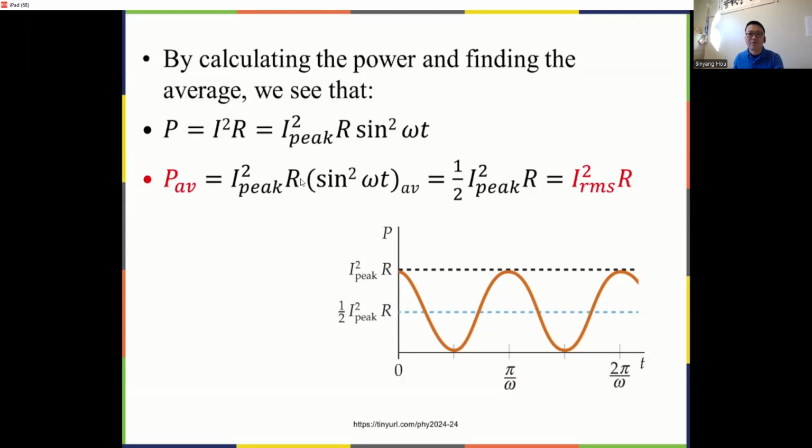So it's 1/2 of I peak squared R. But 1/2 of the peak squared value of current, as we talked about last time, gives you the root mean square quantity squared. So the average power consumed by the resistor is the RMS current squared times R.